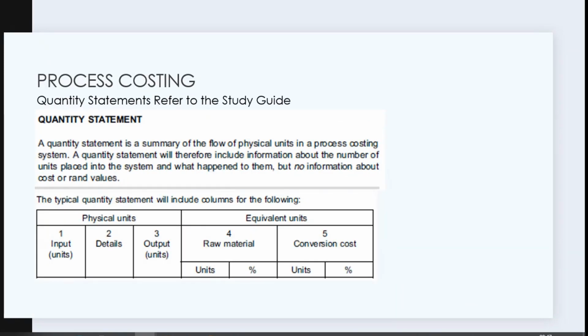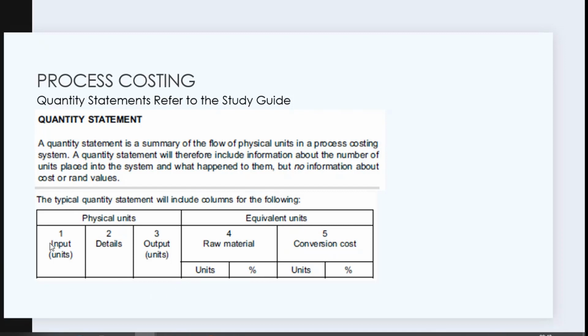So now the quantity statement, I'm going to refer to what the study guide says. A quantity statement is a summary of your flow of physical units within this process costing system. Therefore, you would have to include information that will show what you've put into the system, what happened to them, and at what value. The typical one shows what you've put into the process, the details of it, and the output.